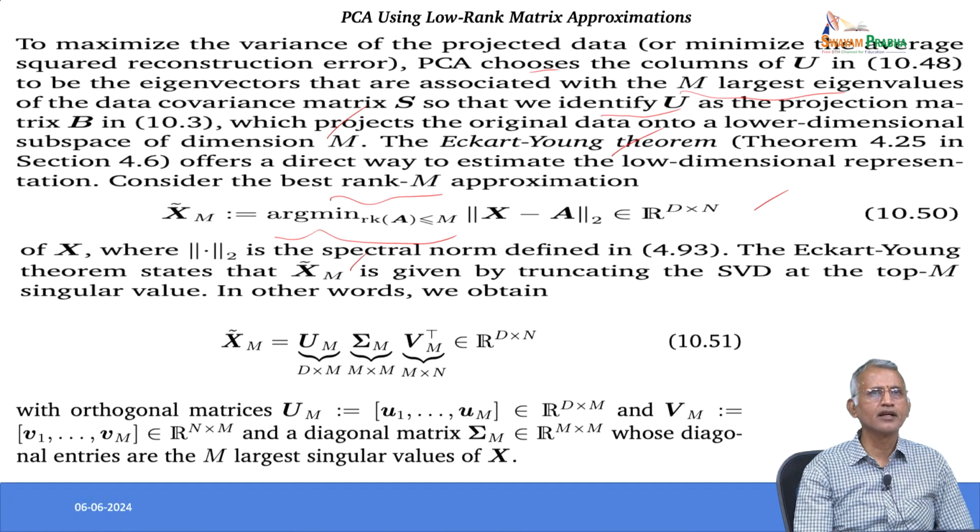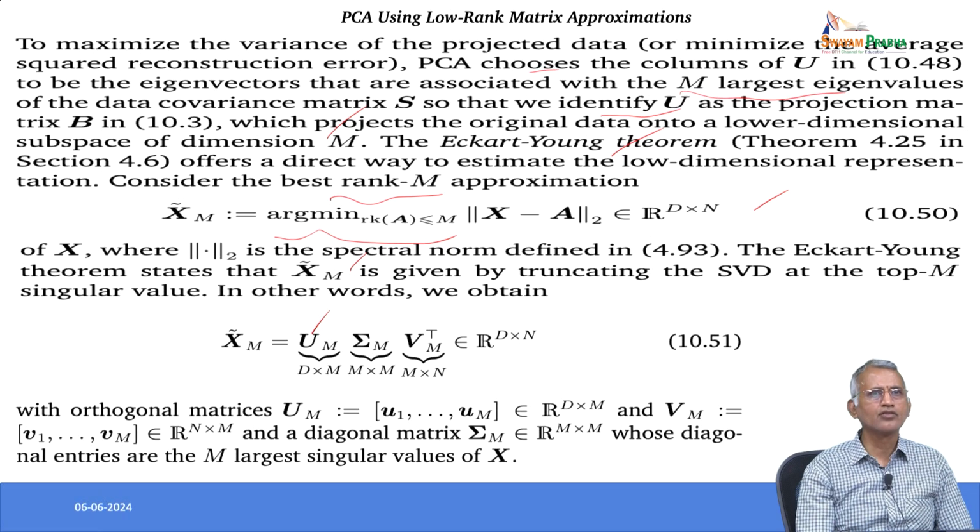Sigma_m is a matrix of the diagonal entries of the given matrix A, and V_m consists of the corresponding orthonormal vectors of V, that is V_m transpose. Then U_m is d cross M, Sigma_m is an M cross M matrix, and V_m consists of M vectors in R power n cross M, so V_m transpose is M cross n.